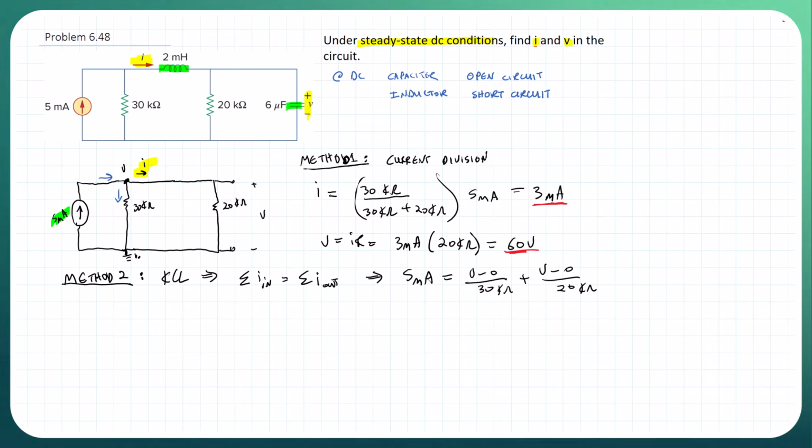Okay, we can rearrange this equation, and if you want a common denominator, we can multiply everything by 60.